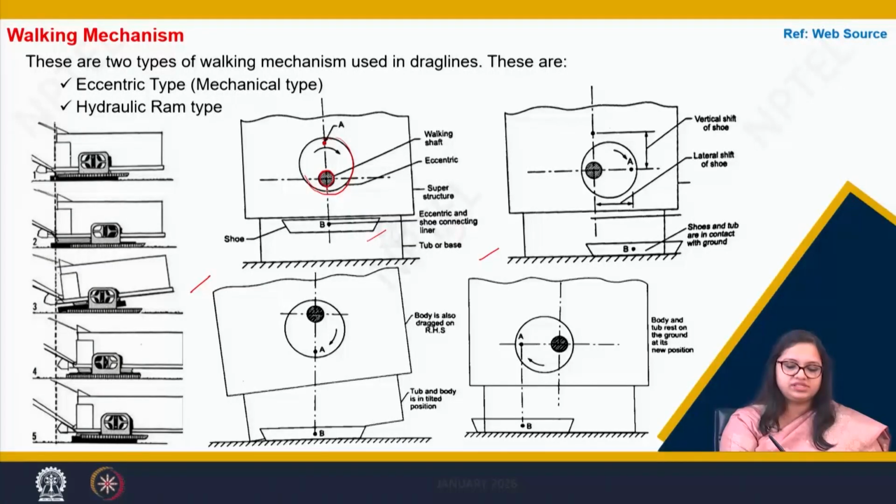Now you can see below this shaft the distance is this much, and above this shaft the distance to the circumference is more.